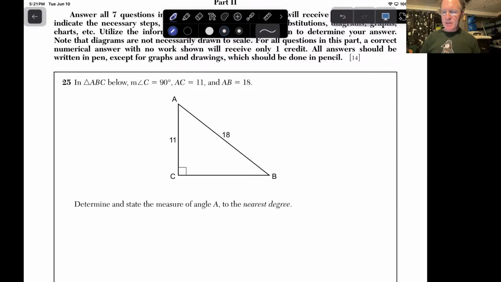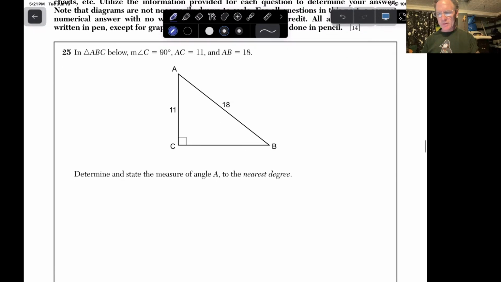In triangle ABC below, the measure of angle C equals 90. AC equals 11 and AB equals 18. Determine and state the measure of angle A to the nearest degree. So this is X. Here is our adjacent side.